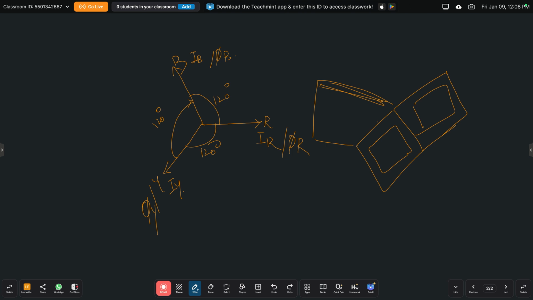Here we have two insulations, and these are the laminations. We are going to represent it.